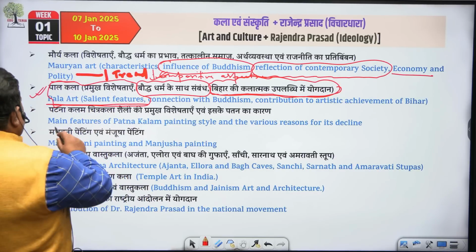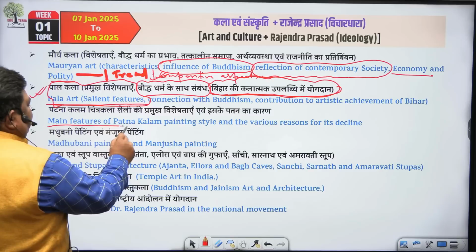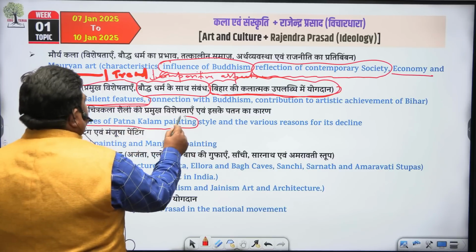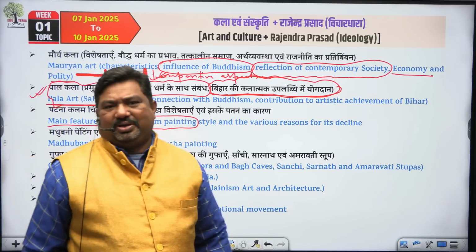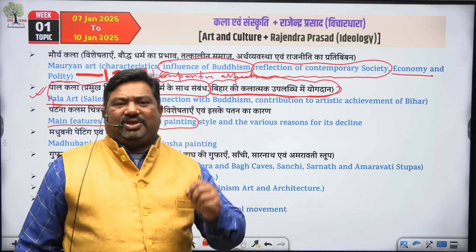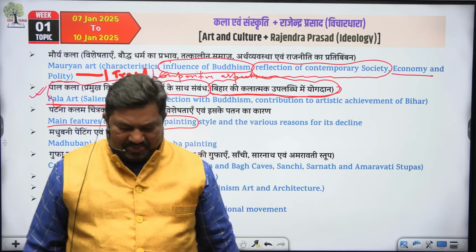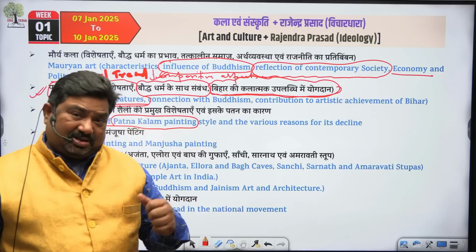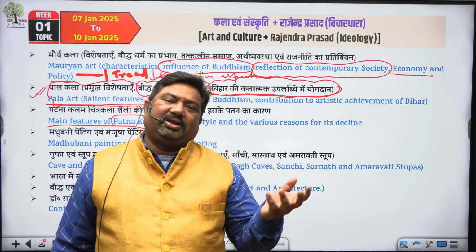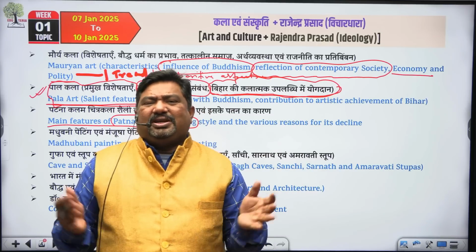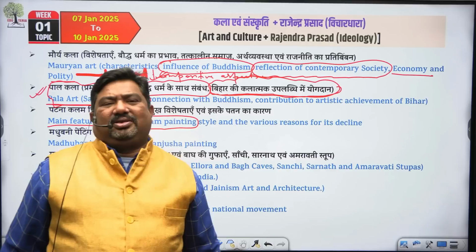Now, Patna Kalam, as you know, is a very prominent feature, and every now and then they ask about Patna Kalam. Kajri Syahi is one of the striking features of Patna Kalam. Every year they ask. They might ask about the origin, and generally they ask the features of Patna Kalam.